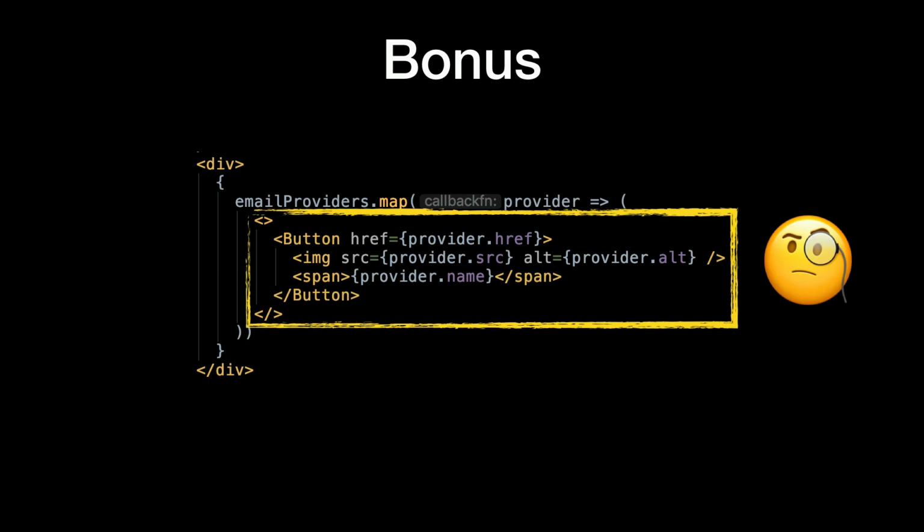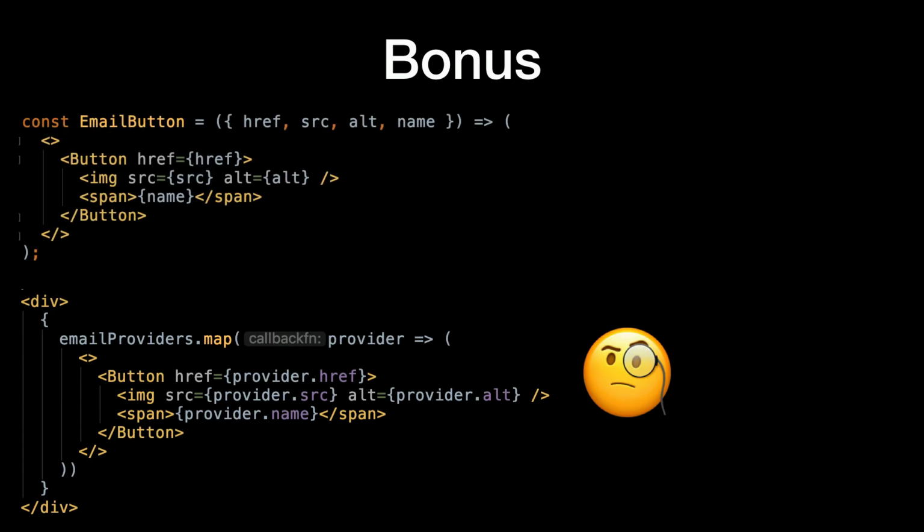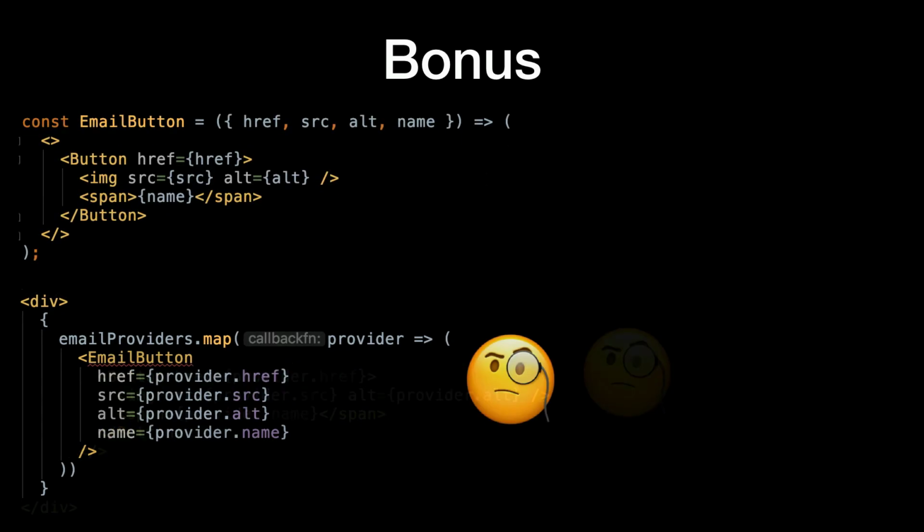The input from the map is the props, and the markup is the output. So there, you can have a free dumb component every time you use map. You can refactor it to look like this. Now, remember the spread syntax we saw earlier?